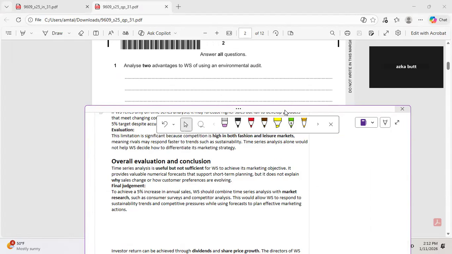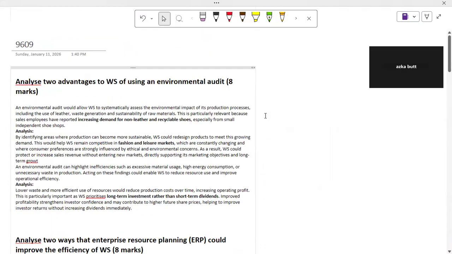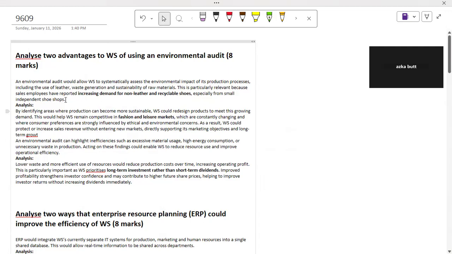Okay. So let's see. It is starting from here. So an environmental audit would allow WS to systematically assess the environmental impact of its production process. This is called environmental audit, including the use of leather, waste generation, and sustainability of the raw material.